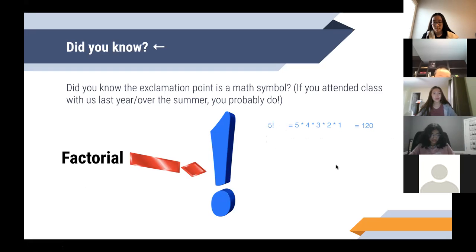If I do 10 factorial, I'm not going to actually calculate this, but it would be 10 times 9 times 8 times 7 times 6 times 5 times 4 times 3 times 2 times 1. So everything all the way down like that. We will look at some examples on the next slide.